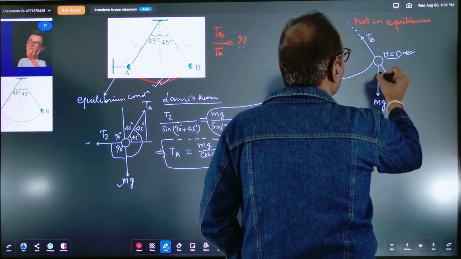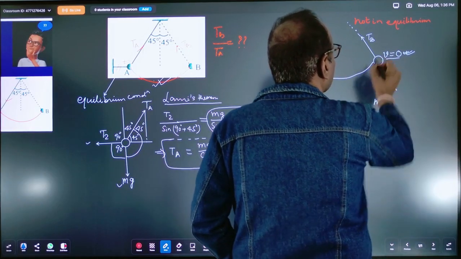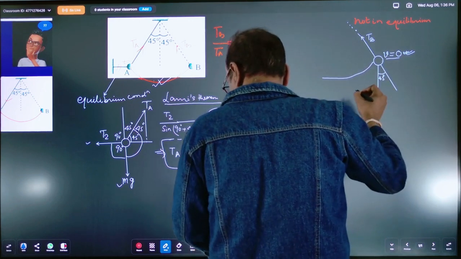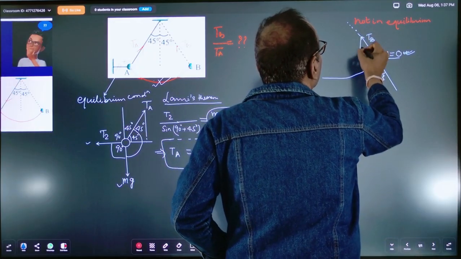Why? Because TB, what is the component of force here? This is 45 degree.